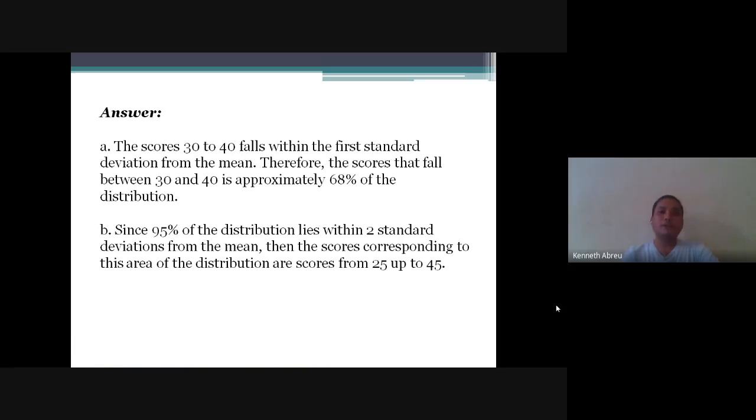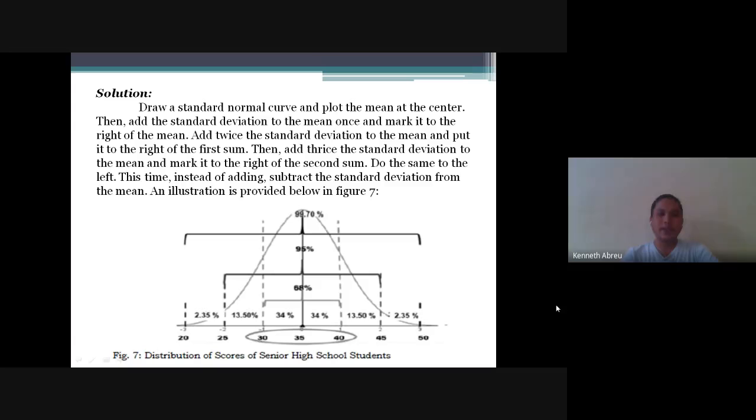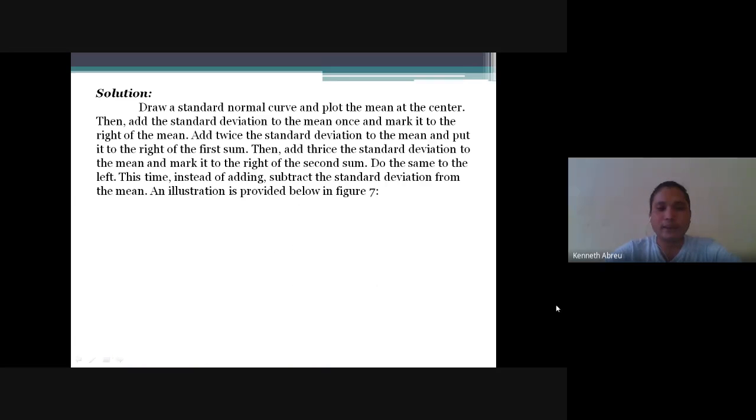30 to 40 falls between the first standard deviation from the mean. Therefore, the scores that fall between 30 and 40 is approximately 68% of the distribution. Tingnan natin kung bakit naging 68% ng distribution. Okay?